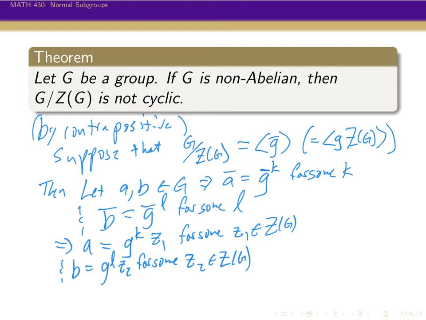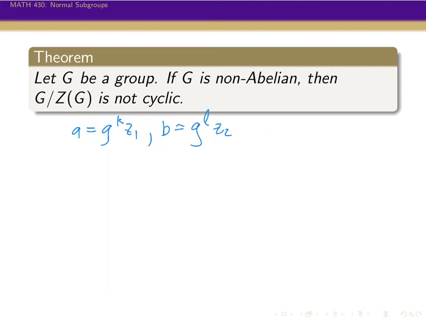Okay, and so let's clear out a little bit of space. So we have A is equal to G to the K times Z1, and B is equal to G to the L times Z2, where Z1 and Z2 are both inside the center. And so if we look at A times B, this is going to equal G to the K times Z1 times G to the L times Z2.